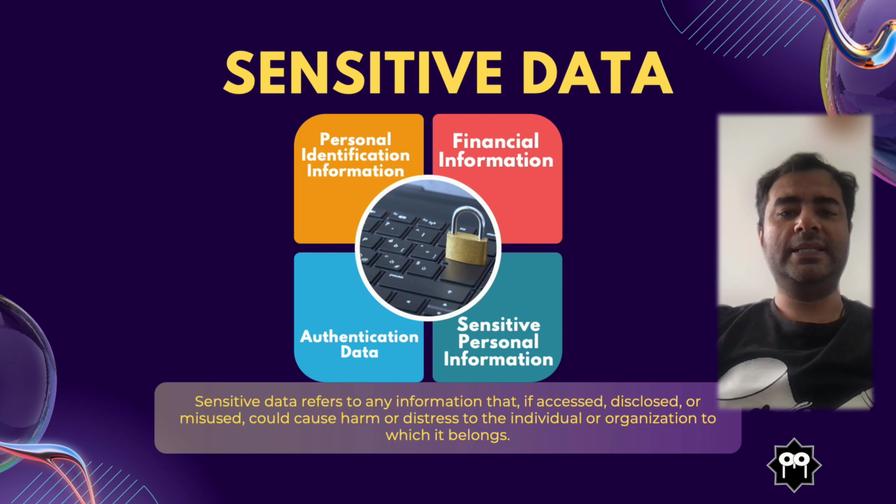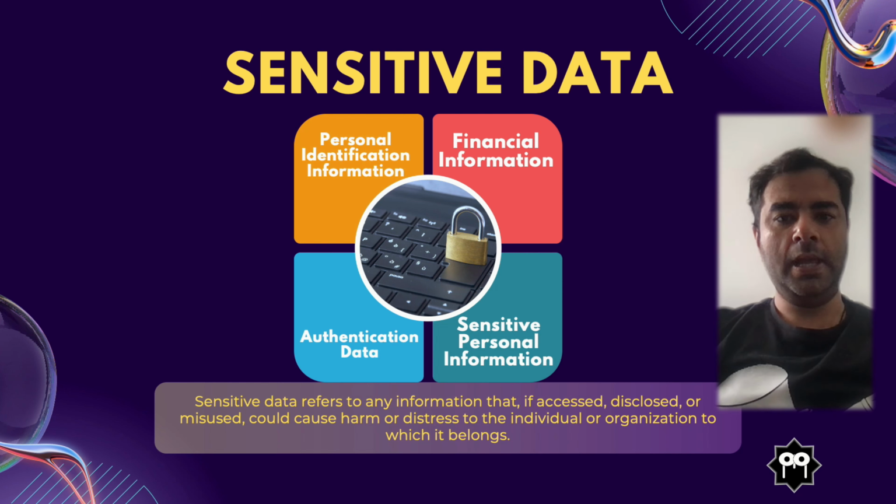So, what is sensitive data? Sensitive data can be information about a person or an organization that helps personally identify the person. It could be the financial information about the user. It could be authentication information by which the user can log in and get authorization, or other sensitive data.